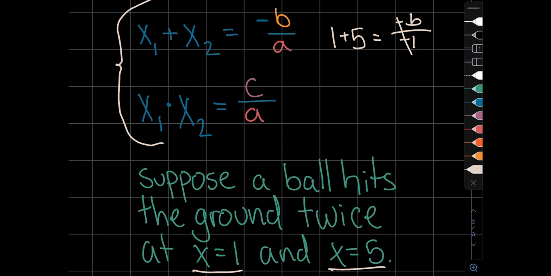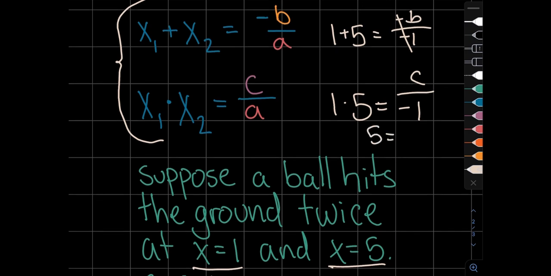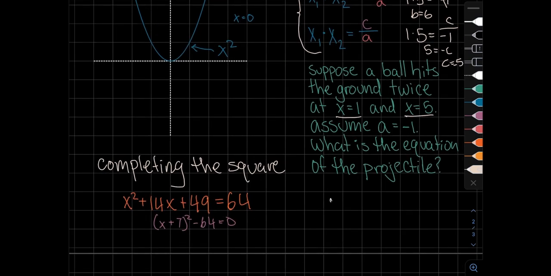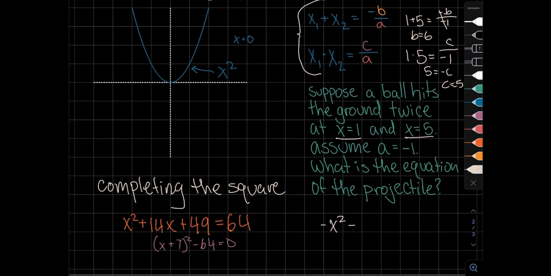And then x1 times x2, which is 1 times 5, equals c over negative 1. That gives us 5 equals negative c, so c equals negative 5. And I didn't write it here, but b equals 6. So our equation would be negative x squared plus 6x minus 5.